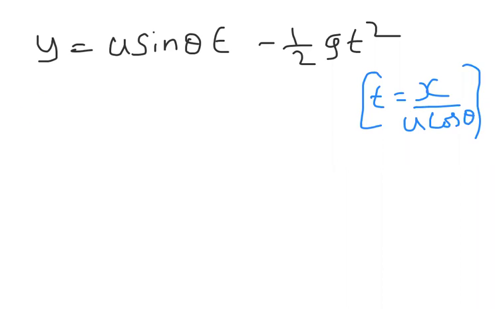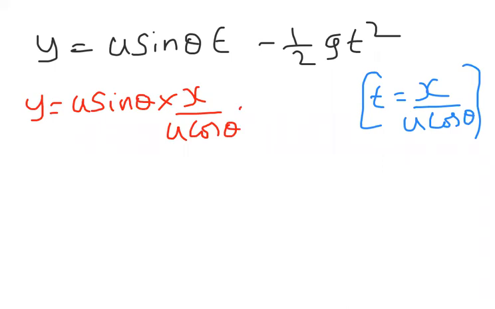So y equal to u sin theta into x by u cos theta minus half into g into t square, which means x square in the numerator and u square cos square theta in the denominator. In the place of t I am substituting x by u cos theta, so t square is x square by u square cos square theta. Now carefully observe the terms. Here u and u I can cancel.